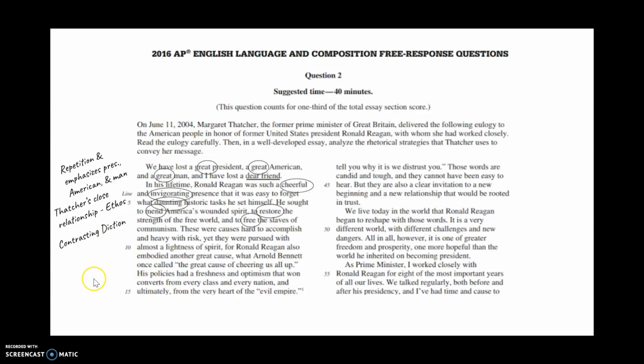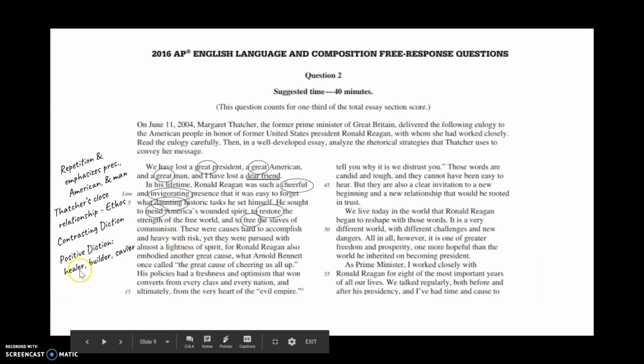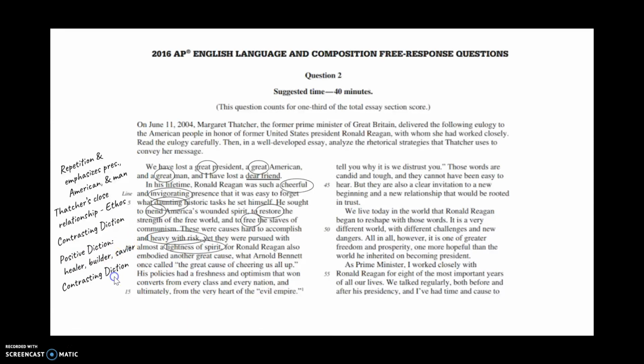Next, you might notice further positive diction, where he mended America's wounded spirit, he restored the strength of the free world, and he freed the slaves of communism. This phrasing, mend, restore, free, this very positive use of different verbs portrays Reagan as a healer, a builder, and a savior.